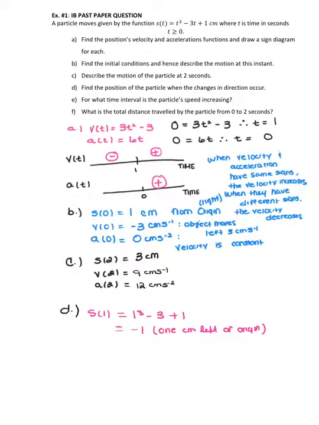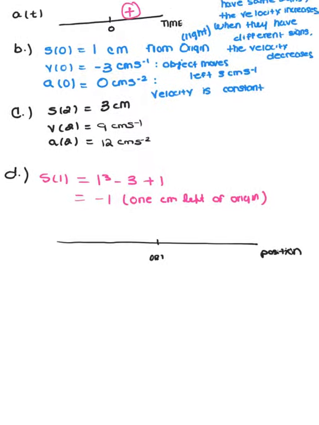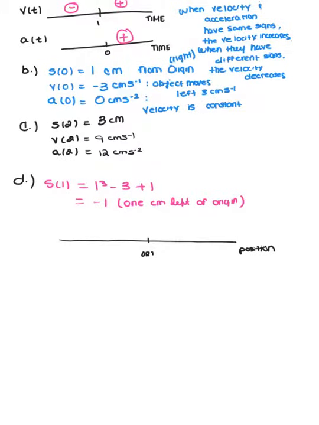Now let's draw a position diagram so you can see what's actually happening to our particle. So I'm going to draw. Okay, so this is the position. Instead of time, this is going to model the position of our particle. Our particle has an origin, right?